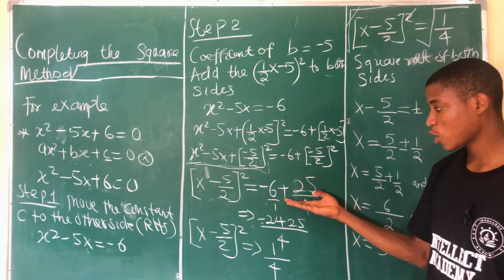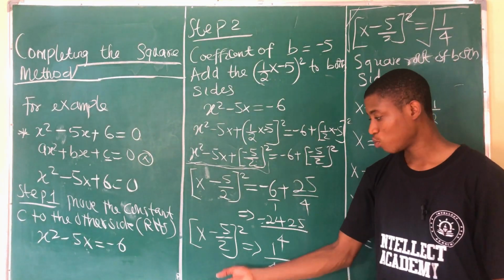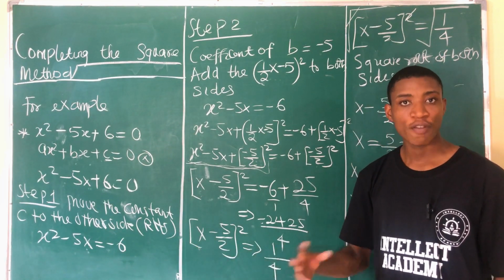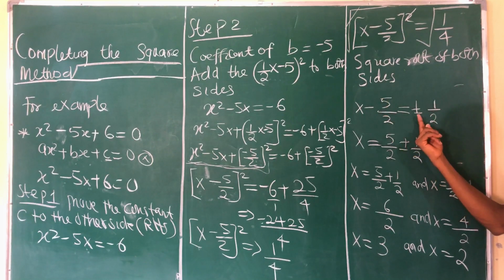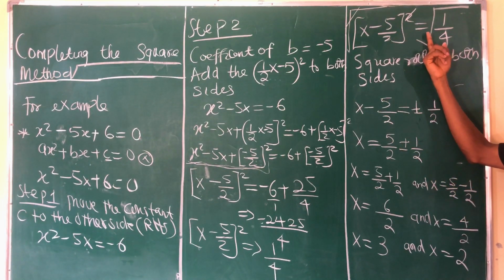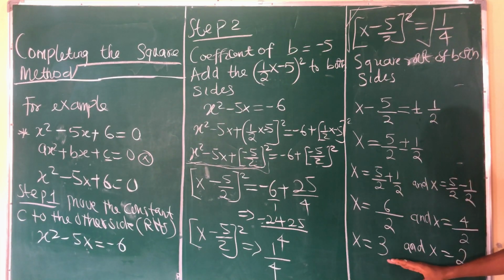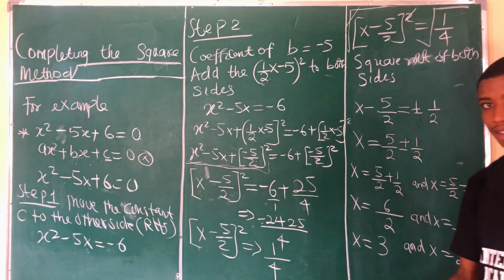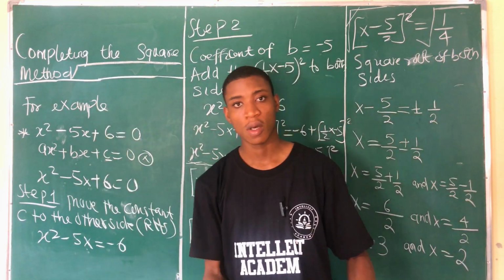And of course we look for the LCM here, and we have 1 over 4. Then we take the square root of both sides. Of course our aim is to find the value of x in this case, so taking the square root, we have plus minus, as the case where you have a square root of the other side, a constant. And of course we have x equals to 3 and x equals to 2 as the general solution for the equation using the completing the square method.